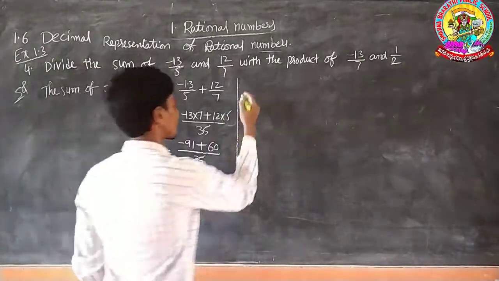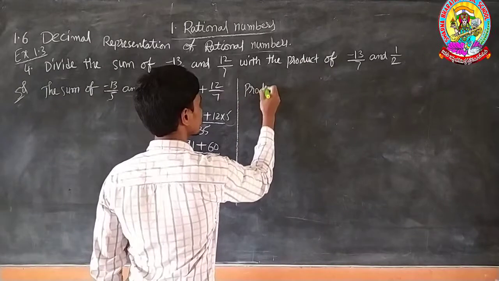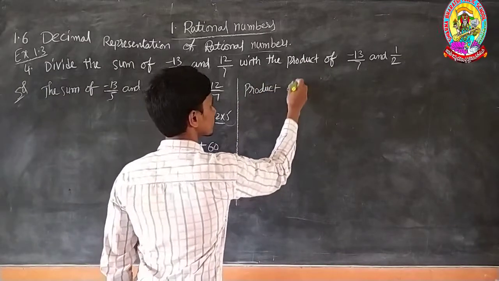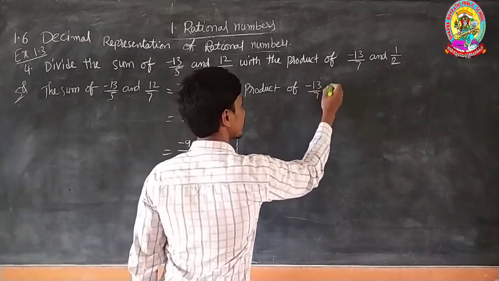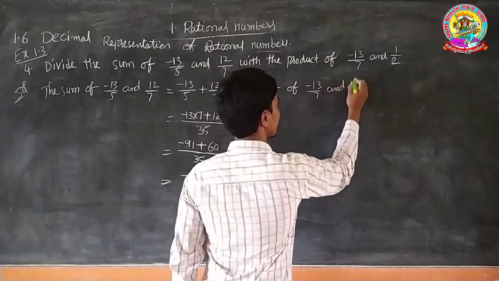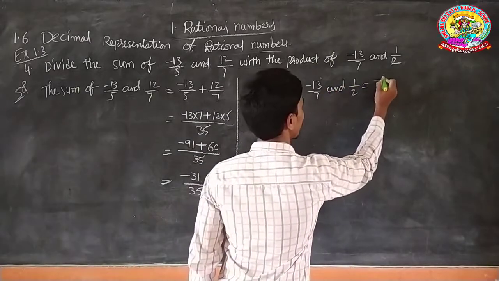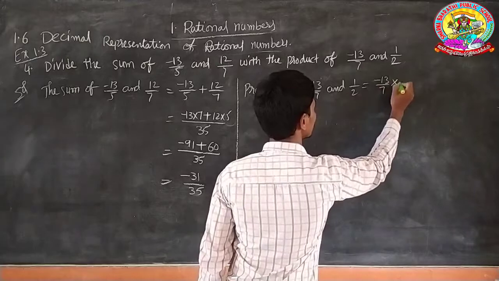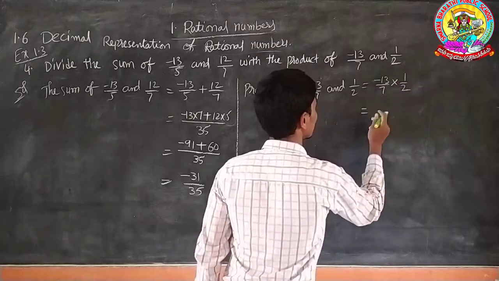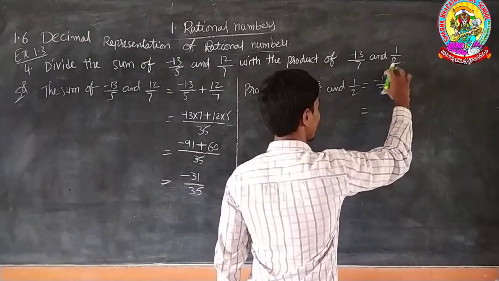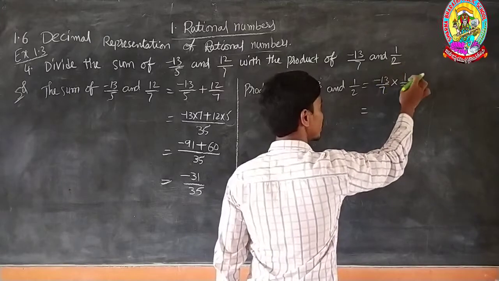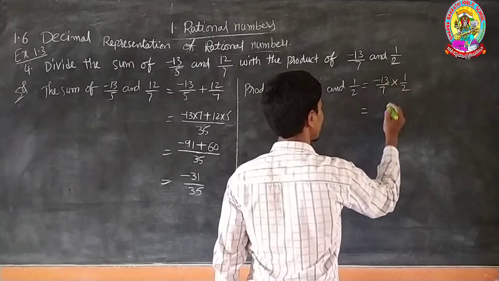Then find the product of minus 13 by 7 and 1 by 2. That equals minus 13 by 7 into 1 by 2. Multiplication of two fractions means numerator multiplication by denominator multiplication.